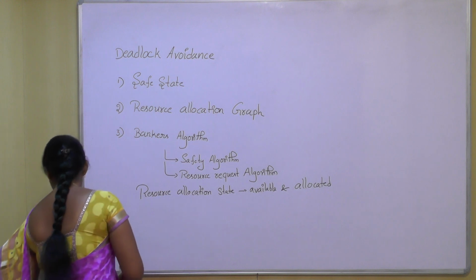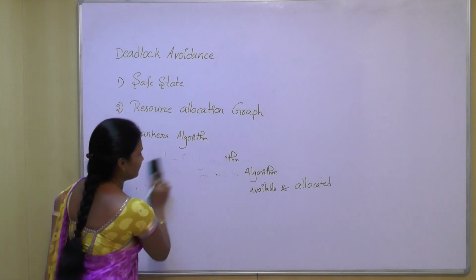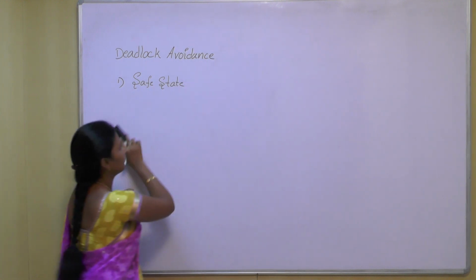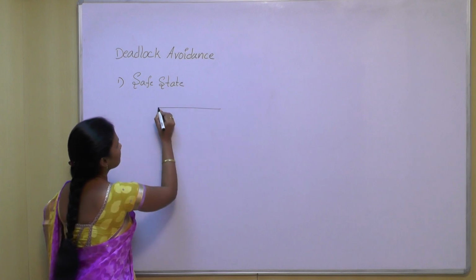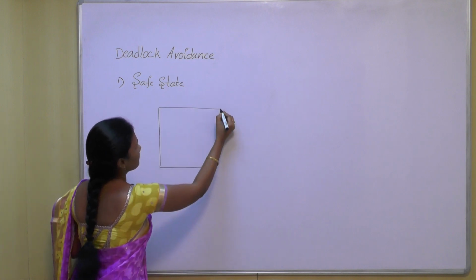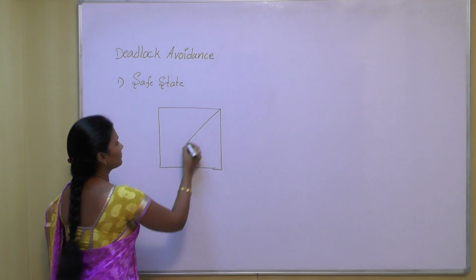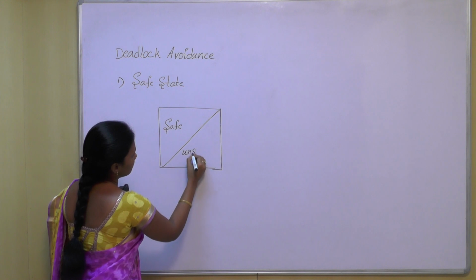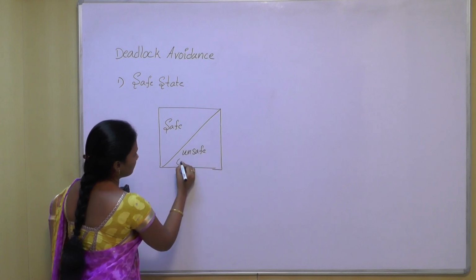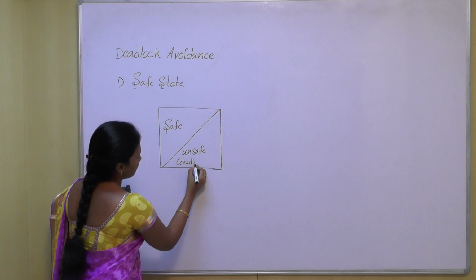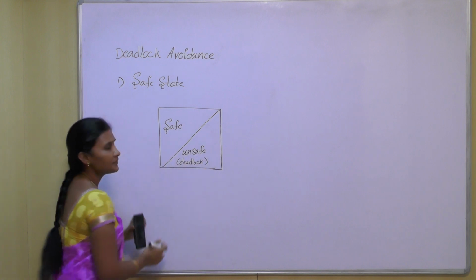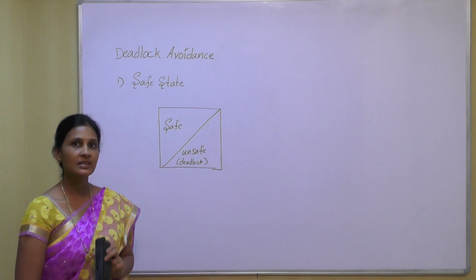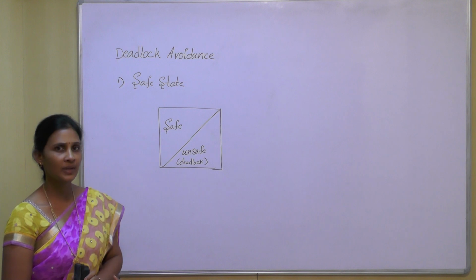Now the first topic: what is a safe state? A safe state is a state in which there is at least one order in which the processes finish execution without leading to a deadlock.